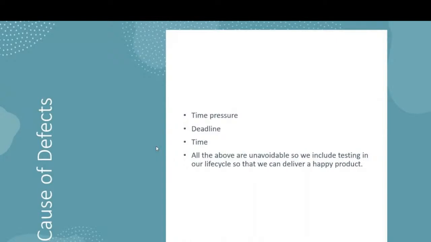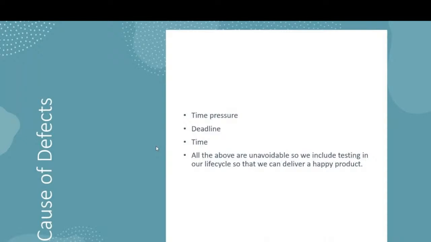And there may be tight deadlines, which are similar to time pressure. A deadline will be like, by this time you have to develop this, by this time you have to develop that. That might create panic in the developer's mind and also cause a defect. Time is also the main constraint.